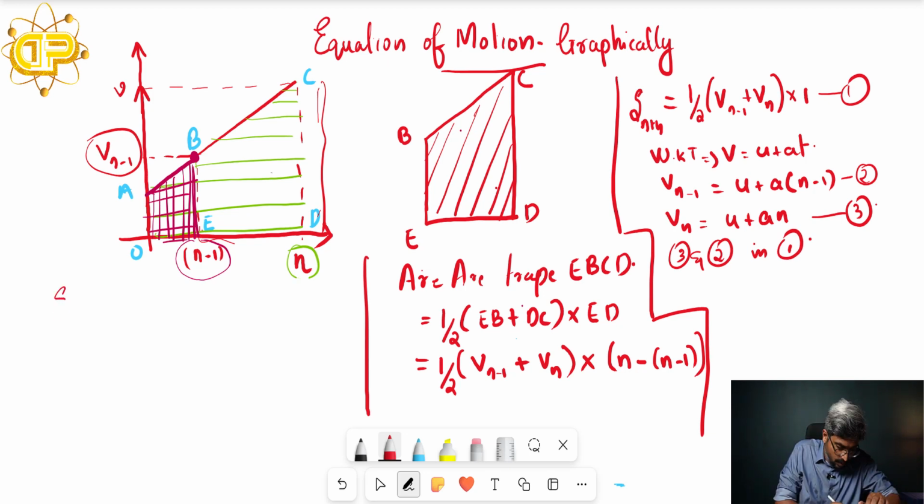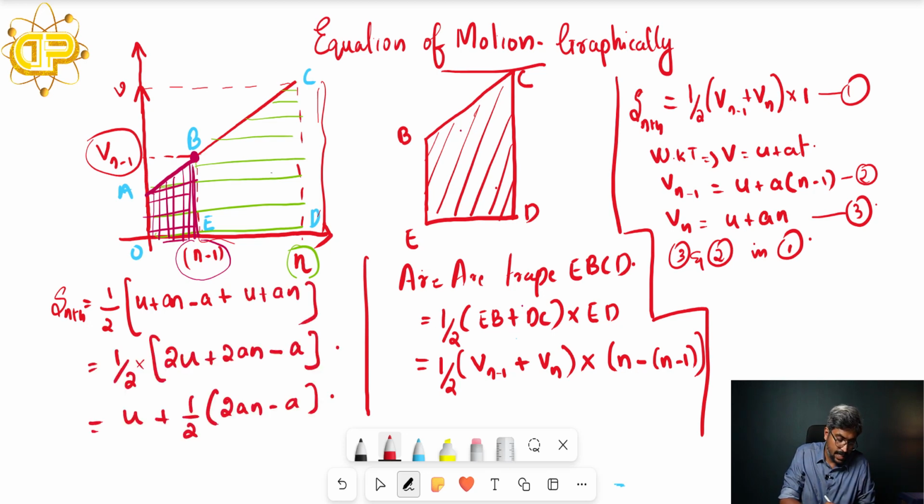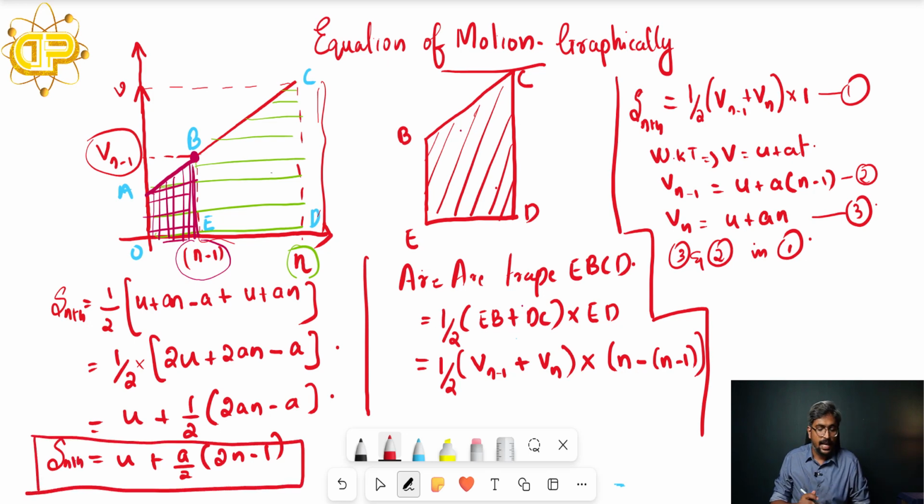What happens there? So Sn is equal to half into u plus a n minus a plus u plus a n. And if I take the a outside, so u plus a by 2 into 2n minus 1. So this is nothing but the last equation, that is Snth, that is u plus a by 2 into 2n minus 1.